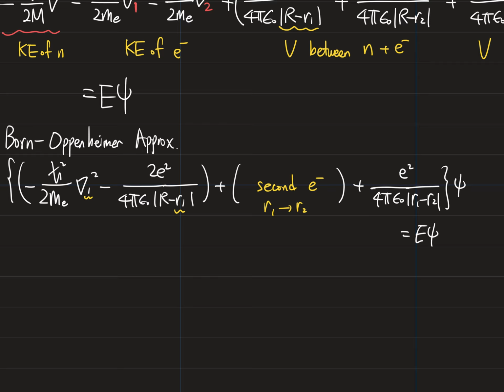So let's take a look at each term. So the first one, this term, if you take a look at just these two terms, then this is simply describing the interaction between the +2 nuclear charge and the single electron revolving around this nucleus. So this is a hydrogen-like ion.